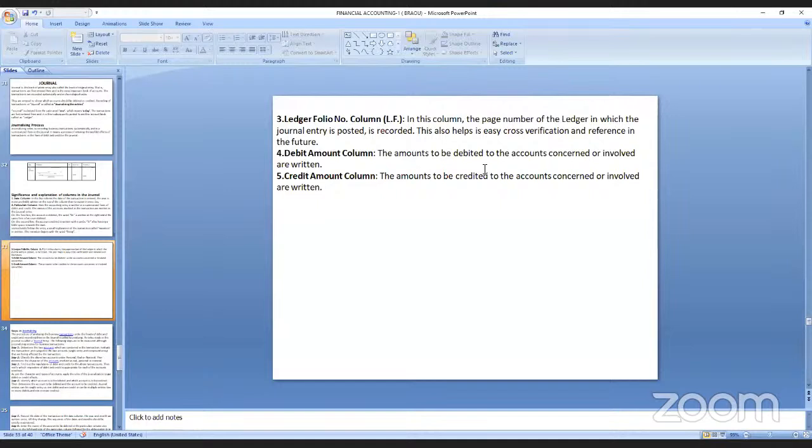Clear? Next are the debit amount column and the credit amount column. Whatever amount is debited to the account concerned is written there, and whatever amount is credited is written on the credit side.